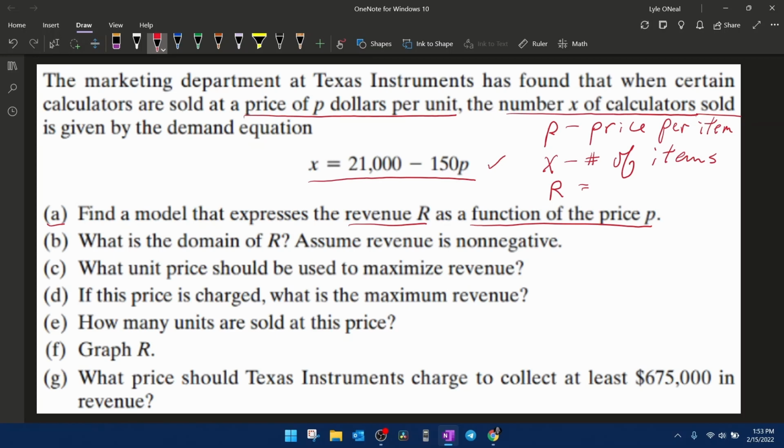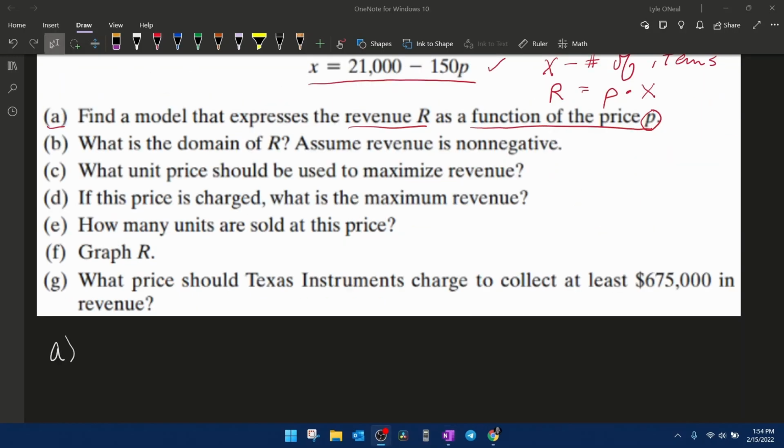So we can come up with the revenue equation. The revenue equation is going to be the price per item multiplied by how many of the items you sold. And then we simply need to express that as a function in terms of P.